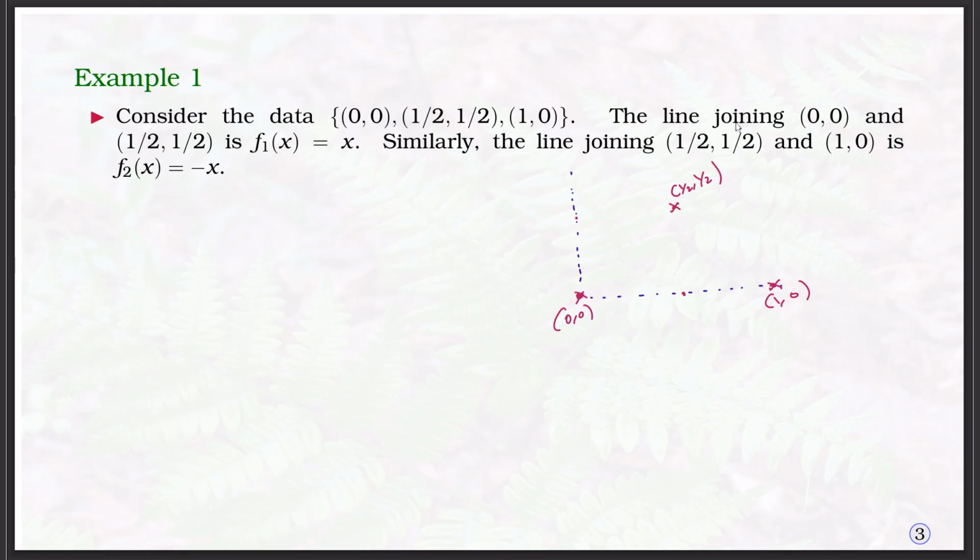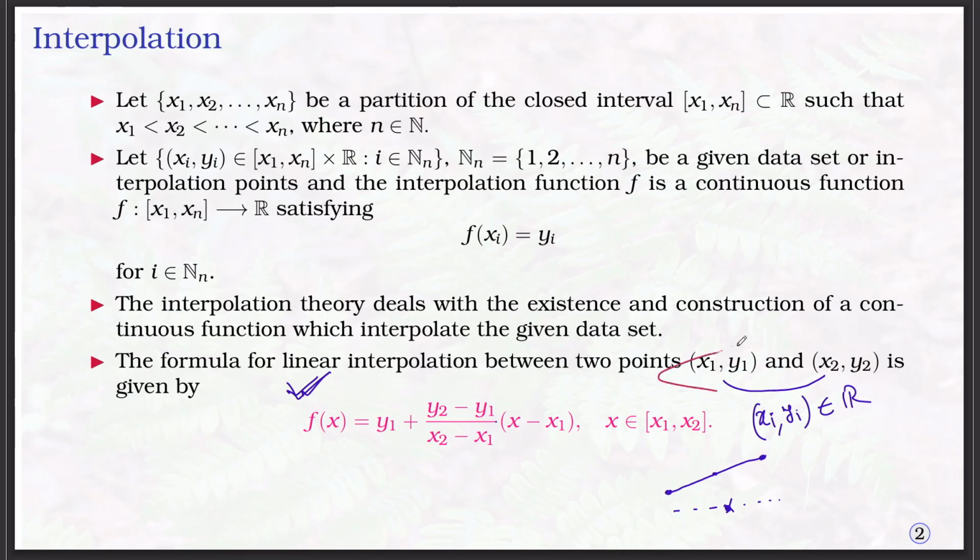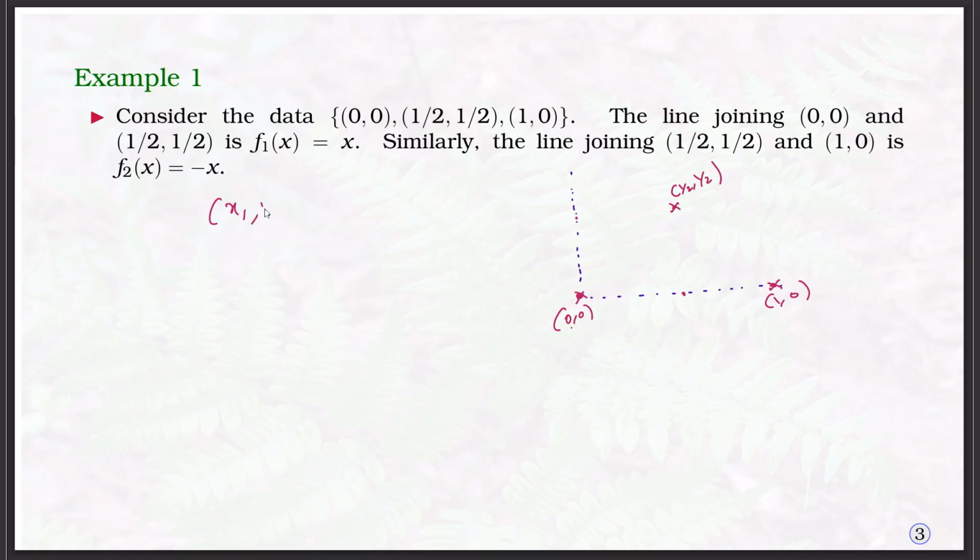Now, we need to find the interpolation function in the classical sense, which interpolates this type of data. So, we need to find the line joining (0, 0) to (1/2, 1/2). We take (x1, y1) equal to (0, 0) and (x2, y2) equal to (1/2, 1/2).